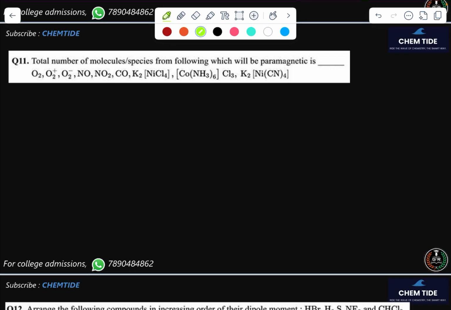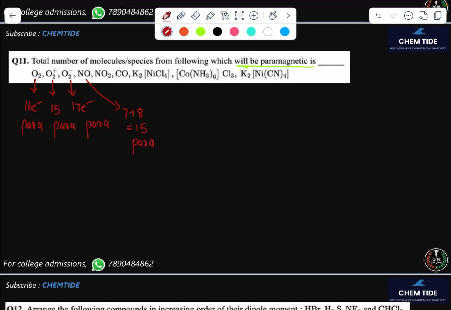Total number of molecular species which should be paramagnetic. For paramagnetism, we can check it. Oxygen has 16 electrons, it's para. This has 15 electrons, it could be para. This has 17 electrons, it could be para. NO is 7 plus 8, 15 electrons, para.